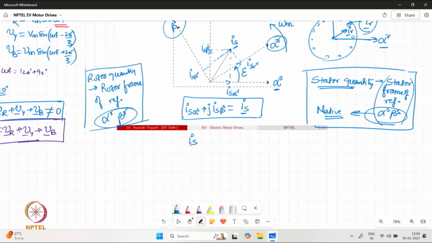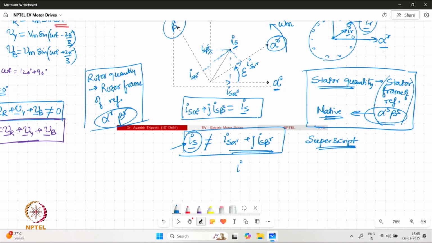Now I cannot write is alpha s again as is alpha r plus j is beta r. So there has to be something different on the left hand side to make sure that we are referring to the correct frame of reference for this vector. This is where it is recommended that whenever we are changing the native frame of reference, we use a superscript to represent that.